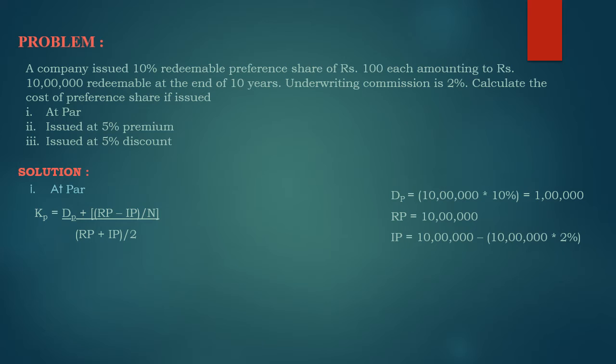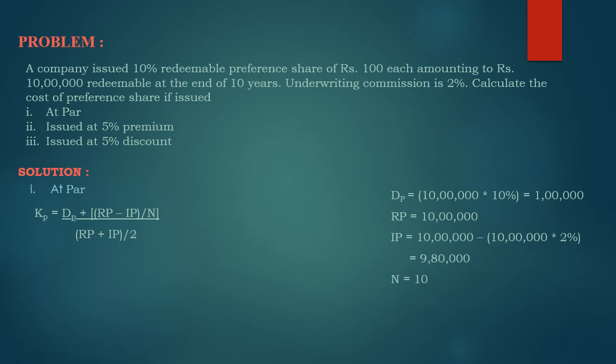Now issue price. At the first stage, it is issued at par. That means not overvalued or undervalued. So we can easily take the total value, which is 10 lakh. And now we will deduct 2% underwriting commission from this 10 lakh, and the result will be 9,80,000, which is IP, means issue price.